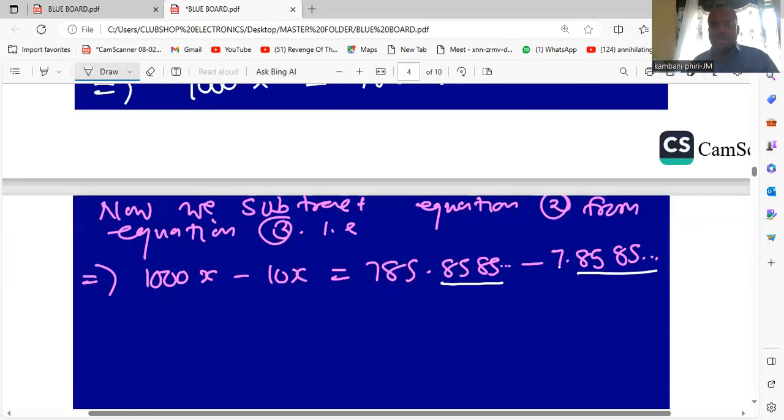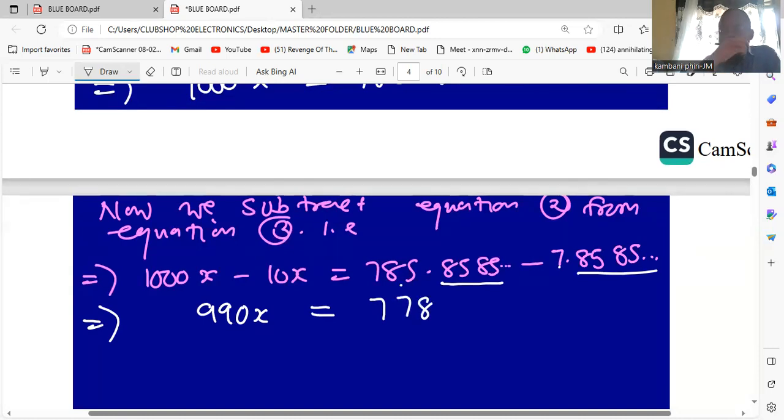So now this will give us 990x to be equal to 785 minus 7, which is 778.